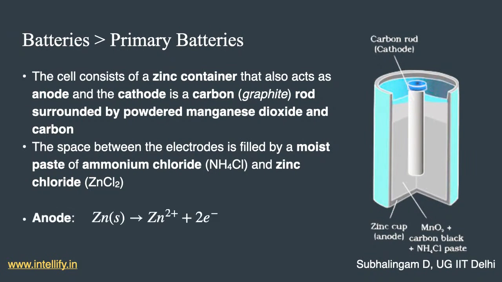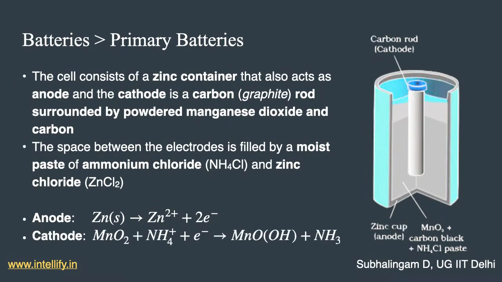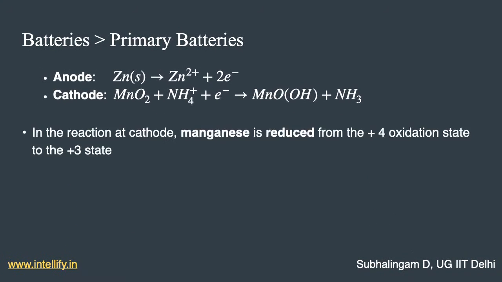So anode reaction is zinc giving Zn2+ plus 2 electrons, and cathode reaction is MnO2 plus NH4+ plus electron giving MnOOH plus NH3. So these are the half reactions which you should know also. In the reaction at cathode, manganese is reduced from +4 oxidation state to +3 state.